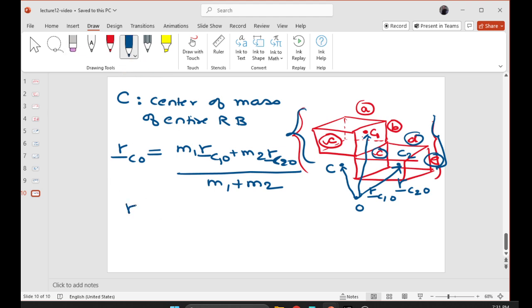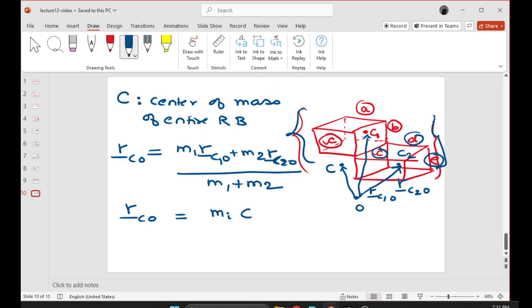We can generalize this expression for an RB which has n constituent parts of which you already know the locations of the centers of mass.